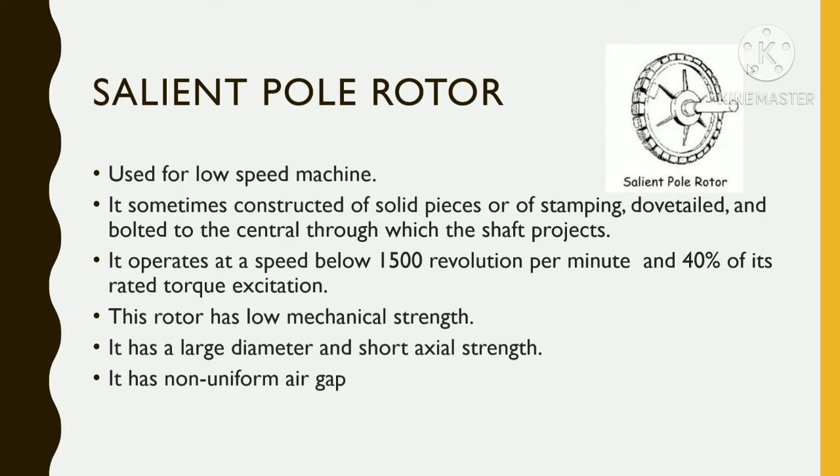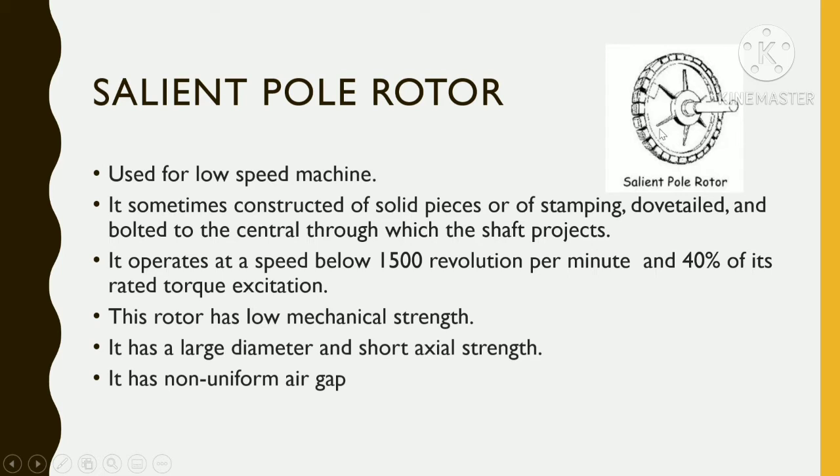Next, it has a large diameter and short axial length. So, tingnan natin dito sa upper side. Nakita natin yung salient pole rotor sa figure. Kung titingnan natin yung axial length niya, maliit lang, compared dun sa diameter niya.